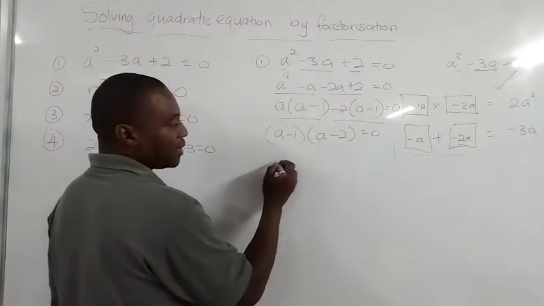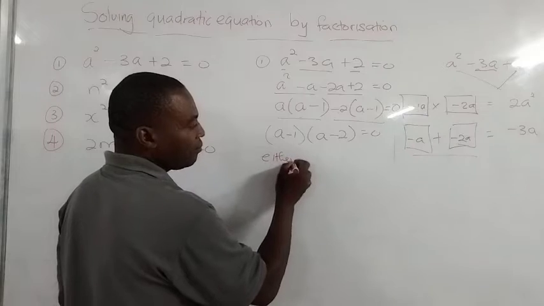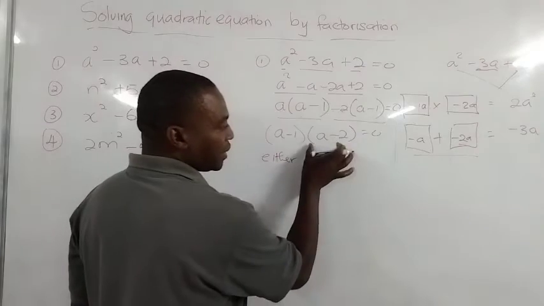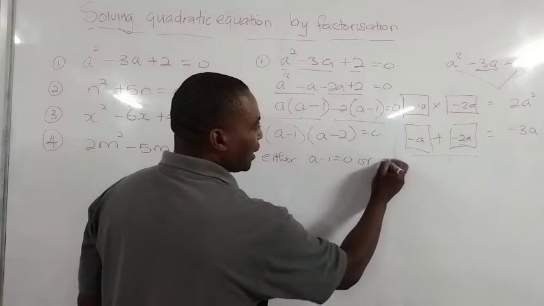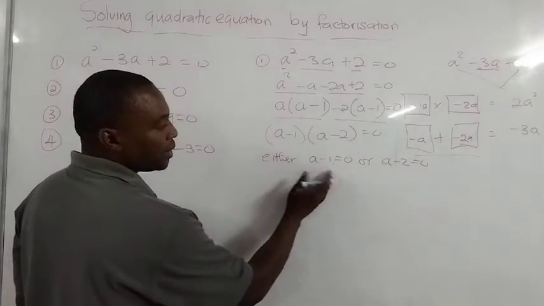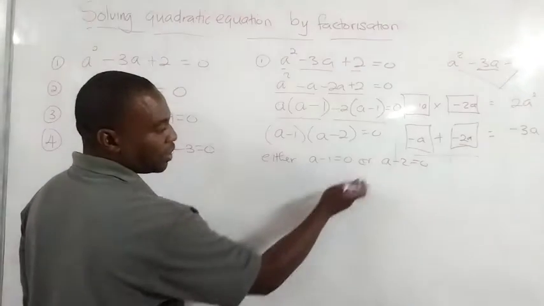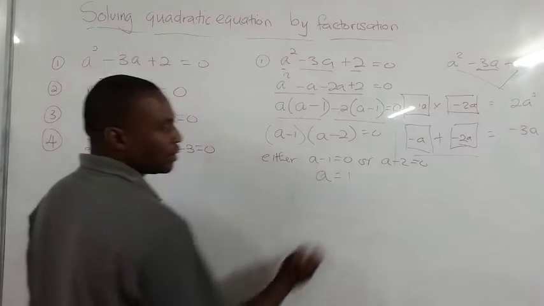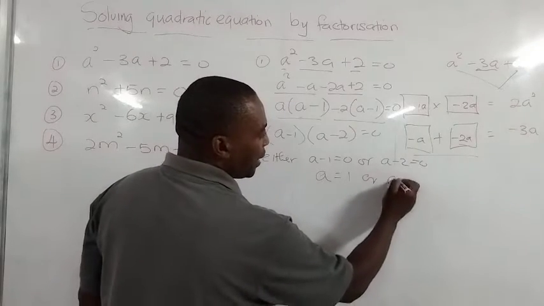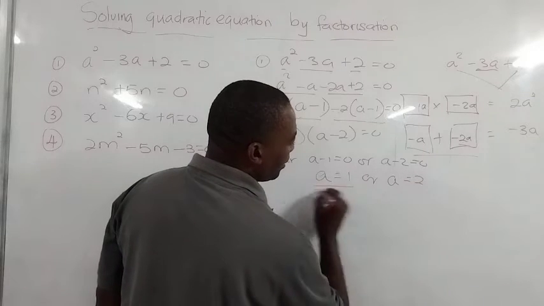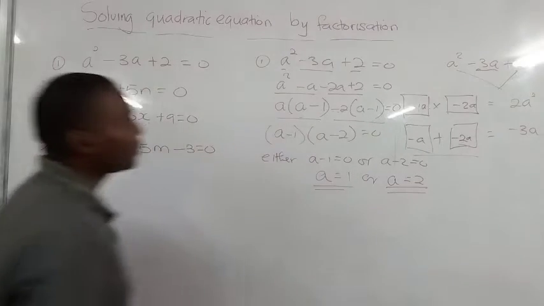So it is either a minus 1 that will be equal to 0, or it is this bracket, a minus 2, that will be equal to 0. Now to solve for a, we just transpose negative 1, it becomes positive 1, or a will be equal to 2. So these are the solutions to question number 1.